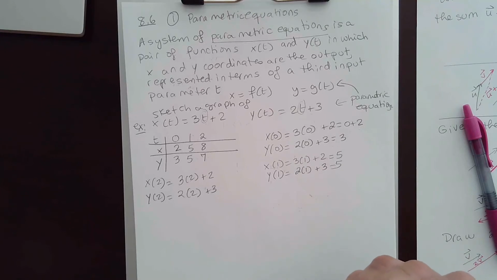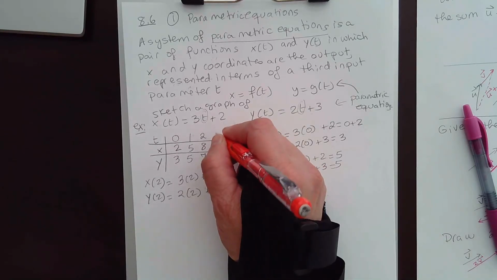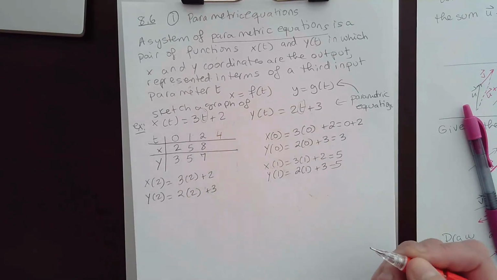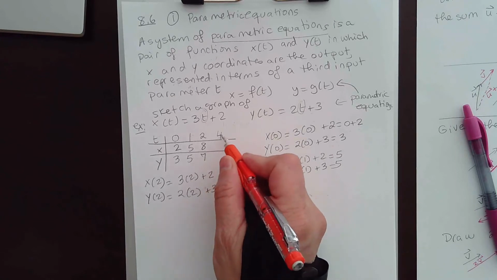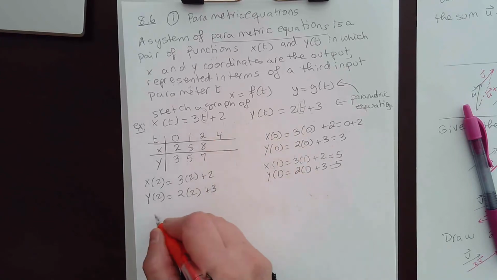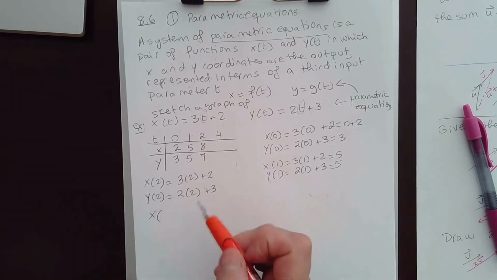Okay, let's go ahead and select other values. For instance, we can skip one if you like. Let's do 4. When t is 4, sorry. You plug in again, replace t with 4.